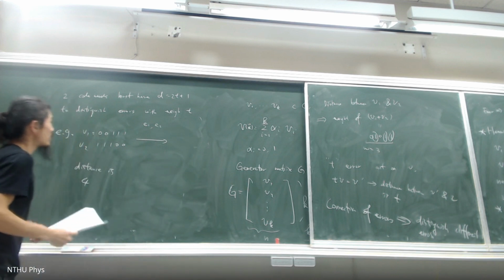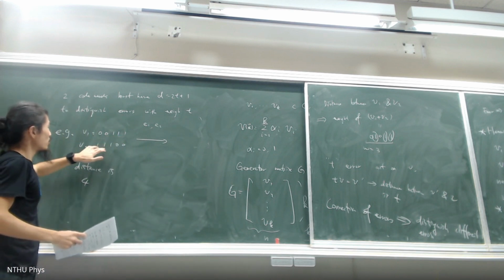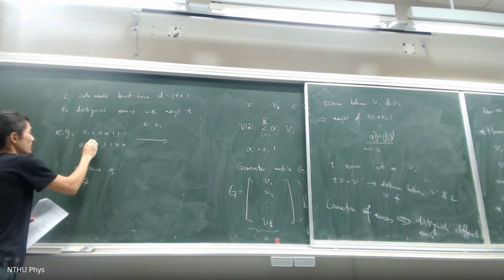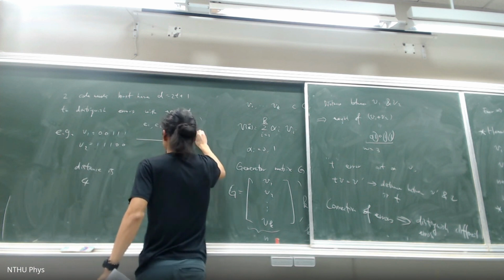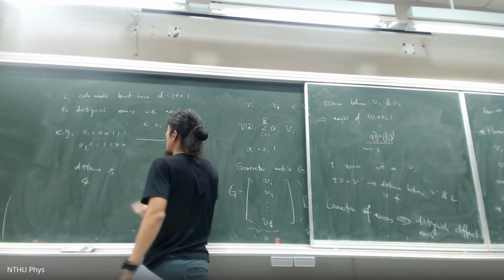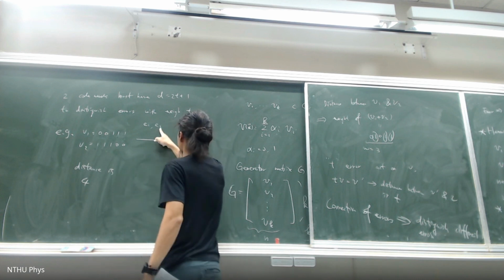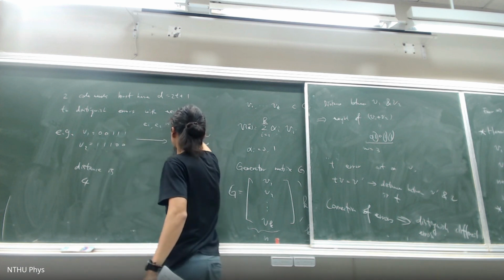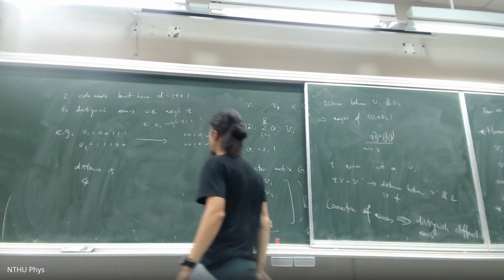Let me denote E1 as the bit flip on the last two bits, and E2 as the bit flip on the first two. Then this subject to E1 will be 0, 0, 1, 0, 0, and this subject to E2 will also be 0, 0, 1, 0, 0, which is the weight t equals 2 kind of error.